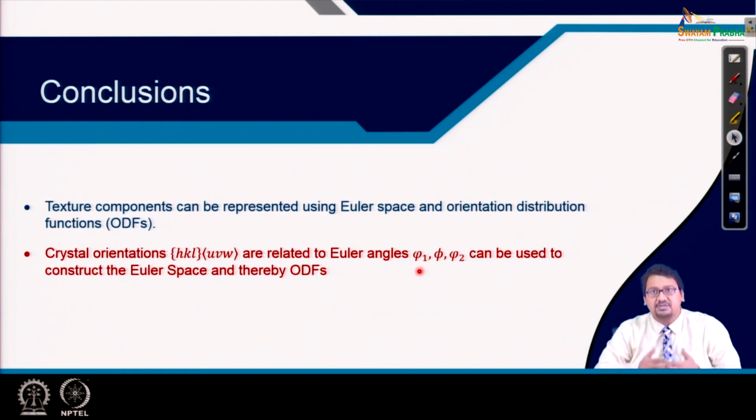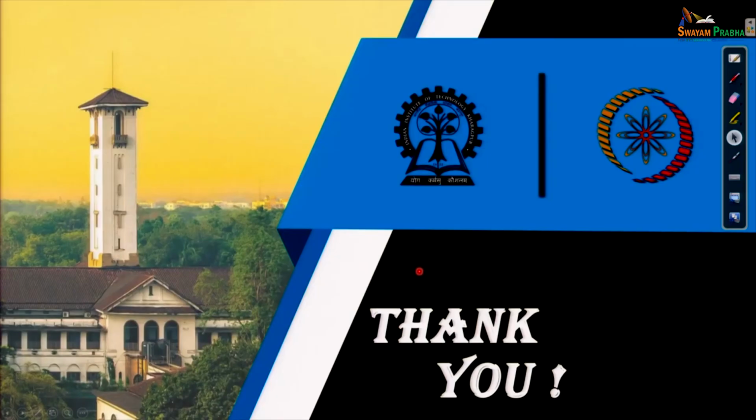But we should remember that for the construction of the Euler space using this HKL and UVW, the specimen axis has to be rotated by phi 2, phi, phi 1 opposite to the right hand thumb rule. Thank you very much.